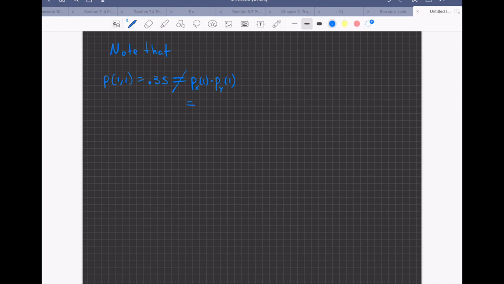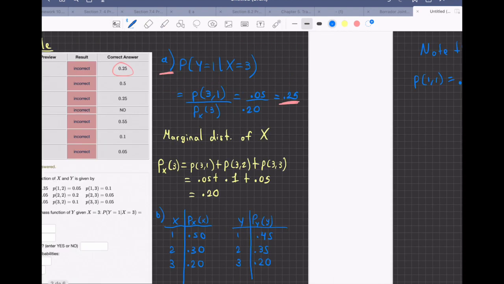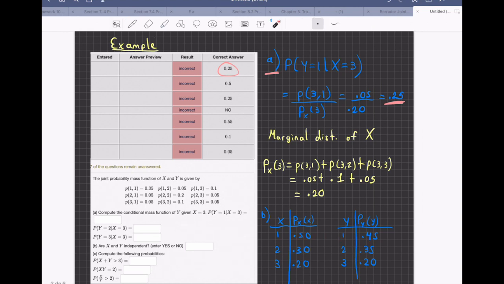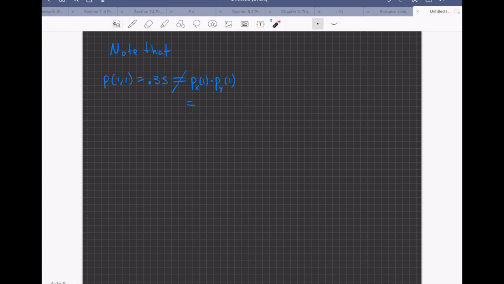Because P_X of 1 is what? 0.50, and P_Y of 1 is 0.45. 0.50 times 0.45 is 0.225.